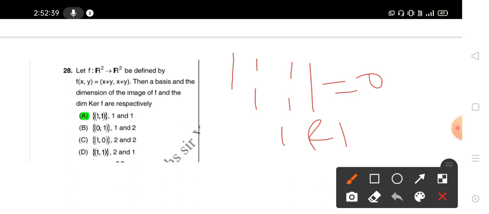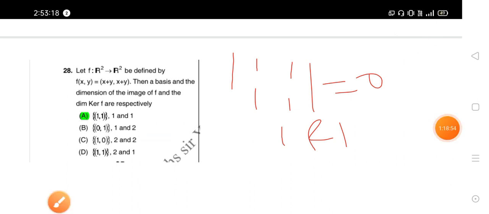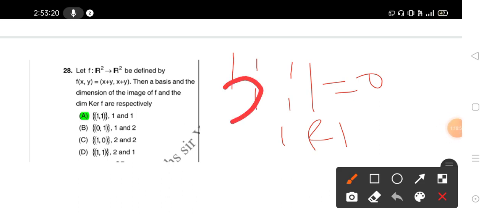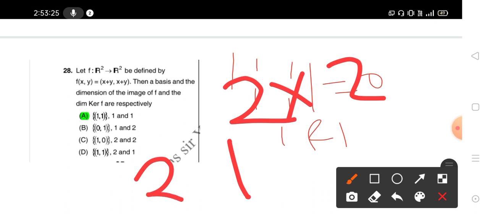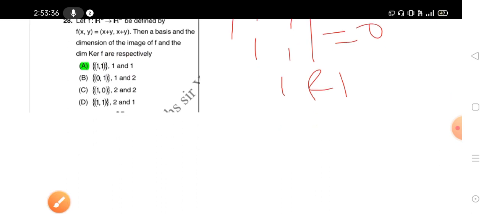Here the determinant is equal to 0, therefore the rank is less than 2, that is 1. Rank is 1, so option B and option C are not correct. Here it is a 2 cross 2 matrix, the rank is 1, and by the rank nullity theorem, 2 minus 1 equal to 1. Here rank is 1 and nullity is 1. Therefore option A is correct.